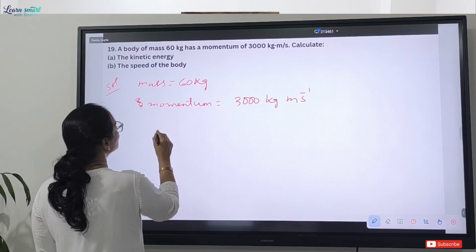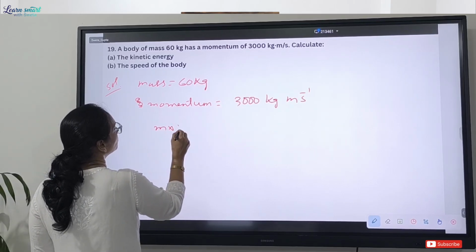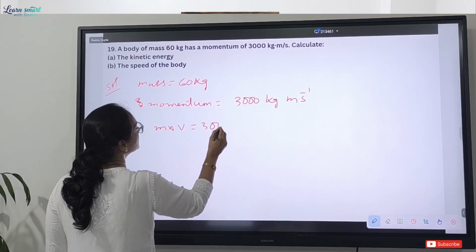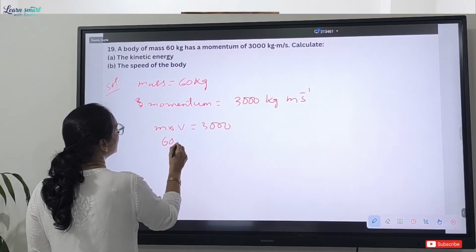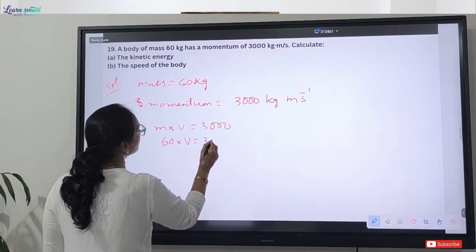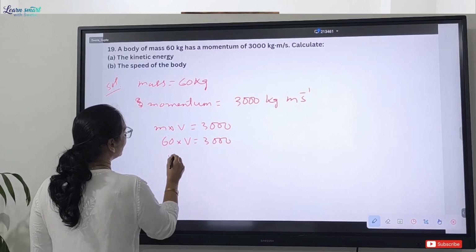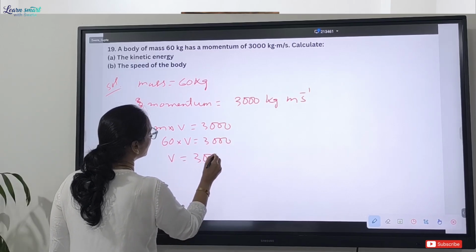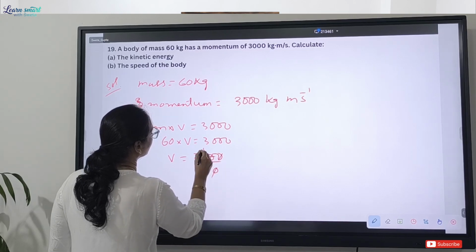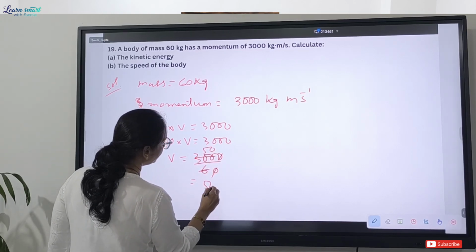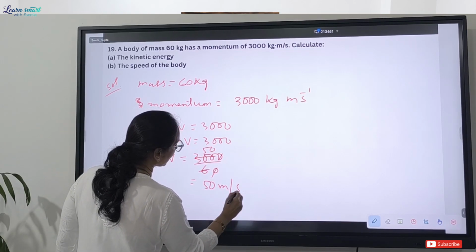Now momentum is actually mass into velocity. So mass into velocity is 3000. Mass is 60. So 60 into V is 3000. So we can calculate V as 3000 upon 60, which is coming 50 meters per second.